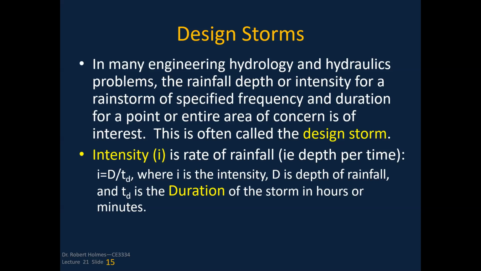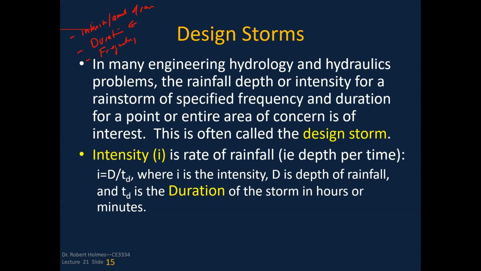We're going to come up with a value of intensity of a rainstorm, or amount of rain. We're going to have a duration, which is, how long does it take to get that amount of rain on the ground? And then we've got the frequency, which is, well, how often do you think this is going to occur?